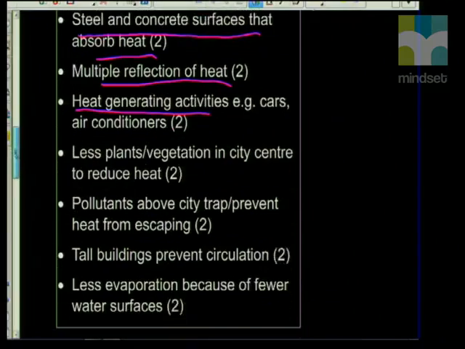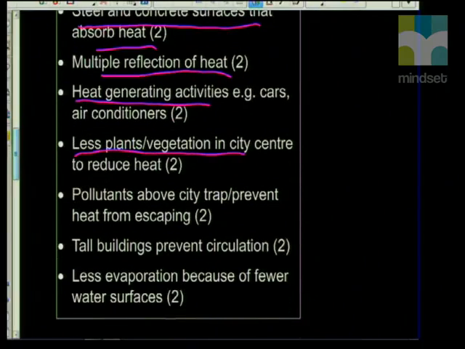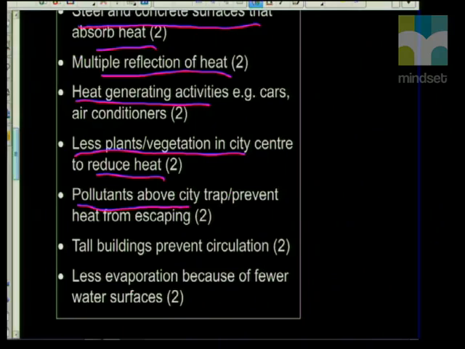All right. Less plants in the center to reduce the heat. Remember photosynthesis. Pollutants above the city. This pollution layer lying above the city traps the heat. Tall buildings prevent circulation, movement of the heat. It traps it. Less evaporation to keep the air humid. So what is going to happen?